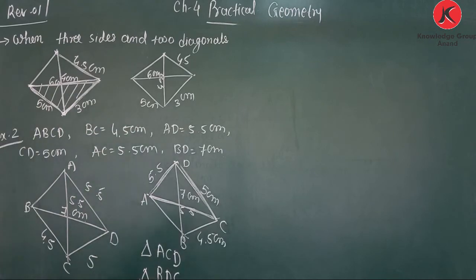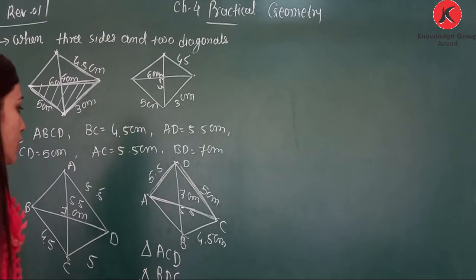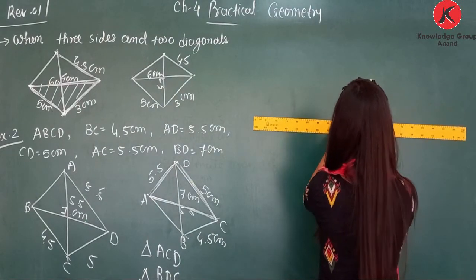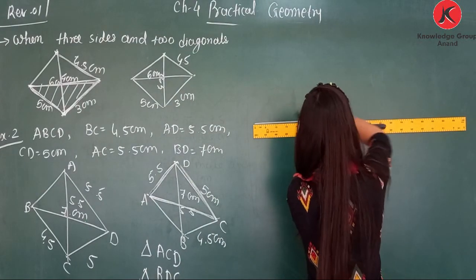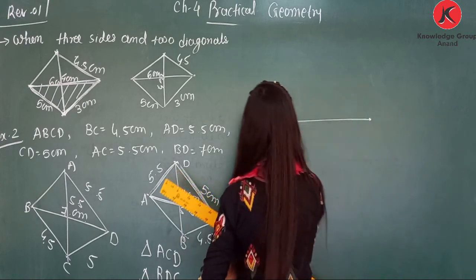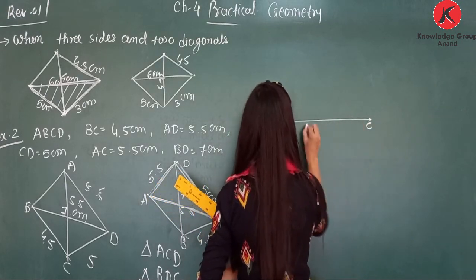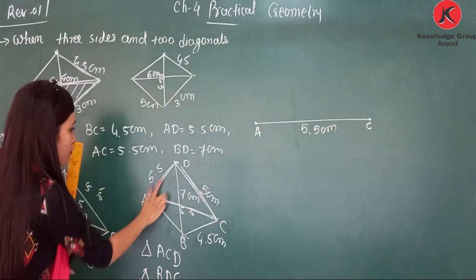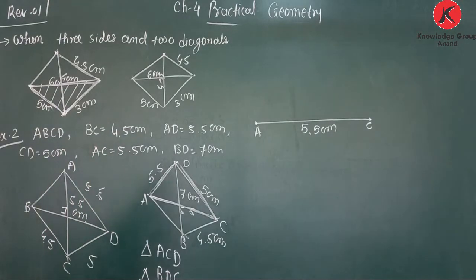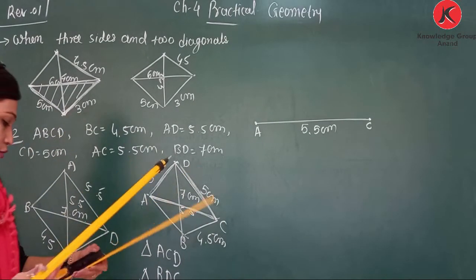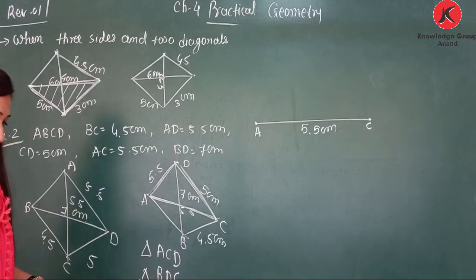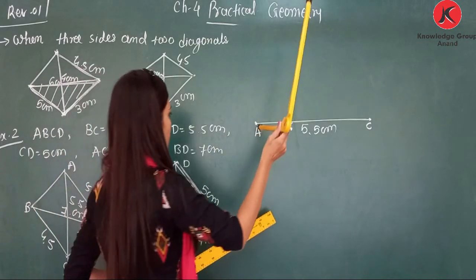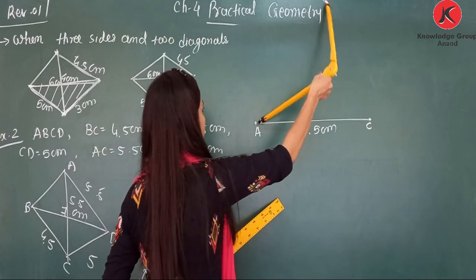So first, AC of 5.5 centimeter. This is our AC of 5.5 centimeter. Now let's construct the upper triangle. From A to D it is 5.5, so we will take the measurement of 5.5 and from A make an arc of 5.5.